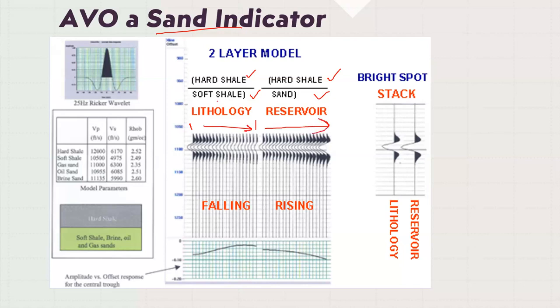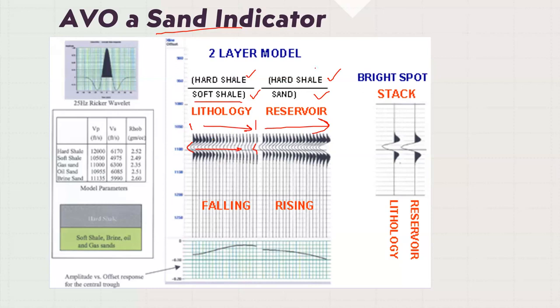If you look at this figure, at this angle you can see the high amplitude, and on this side there is a small amplitude. So if you go this way, your amplitude is decreasing. That is the case for hard shale or soft shale.